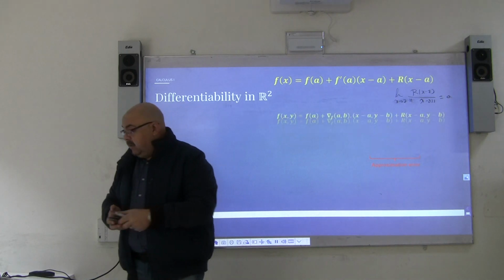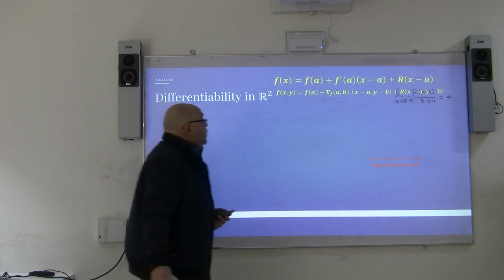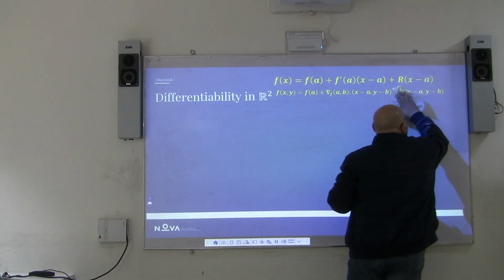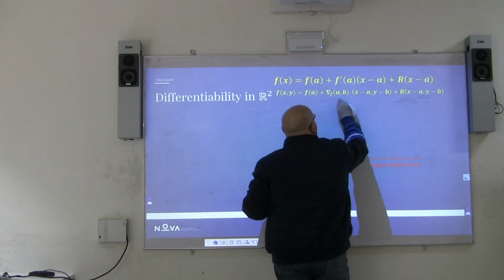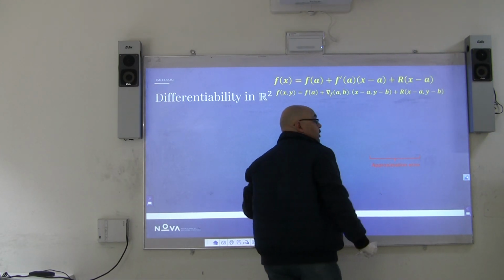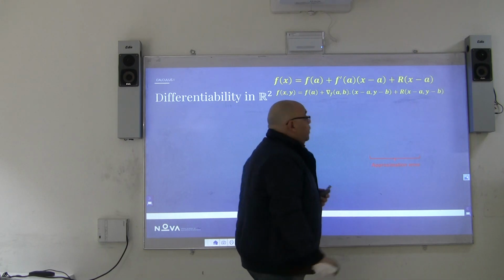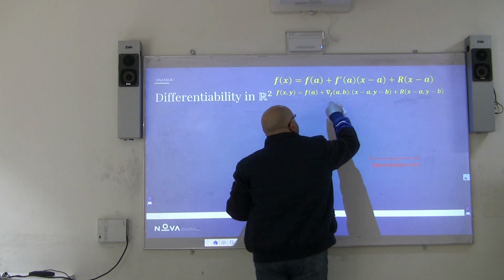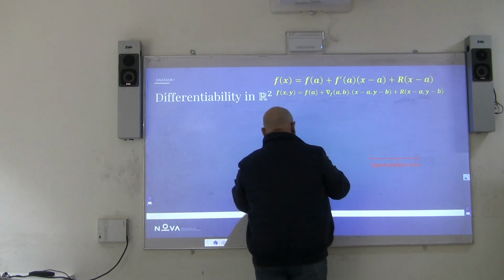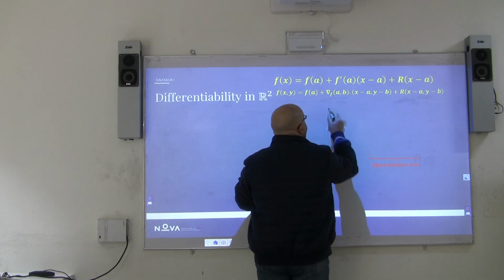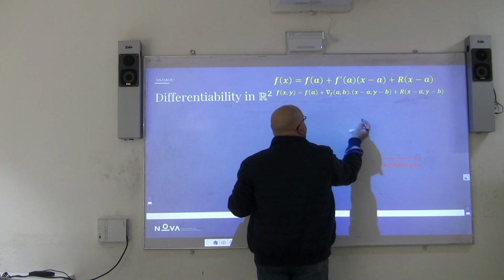If I'm talking about the definition in R2, then instead of the first derivative, as we saw in the previous lecture, we have the gradient vector. Omar, do you remember the gradient vector? The gradient vector is partial f partial x, partial f partial y. So mainly, it is the first derivative, but for functions of several variables.